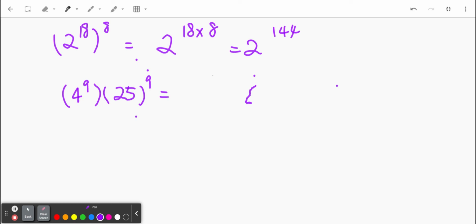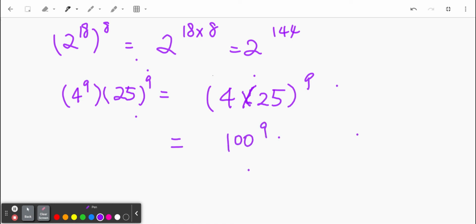Did you write anything down on page 5? Ronald, what are we supposed to do? Okay, very good. Multiply 4 and 25. 4 times 25. And what is the power on top? 9, very good. So 4 times 25 is 100. So it's 100 to the power 9. Okay?